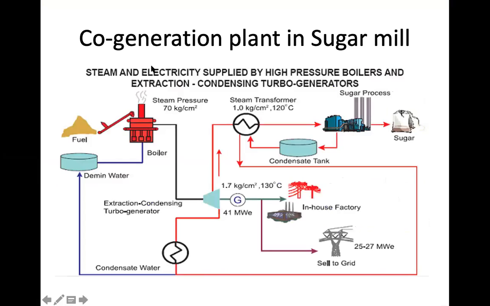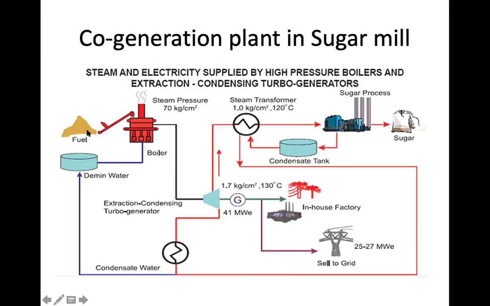I also discussed a little bit about how sugarcane biogas can be used for making fuel. That means a cogeneration plant in a sugar mill. Steam and electricity are supplied by high pressure boilers and extraction condensing turbo generation. Here you can see the sugar processing technology, which is a very established technology in our country.